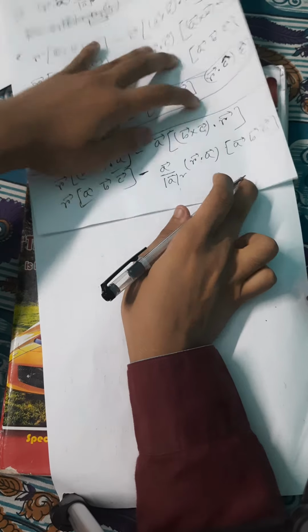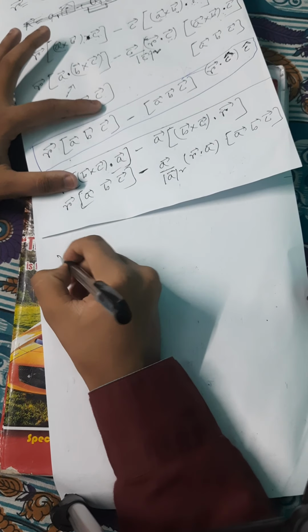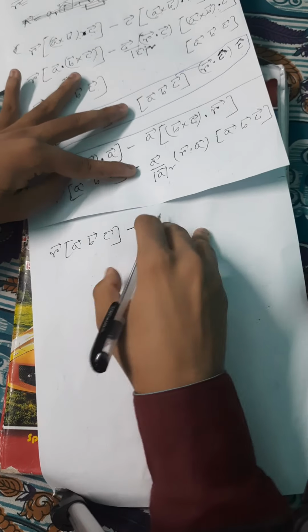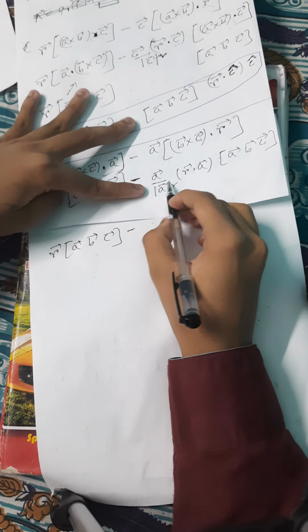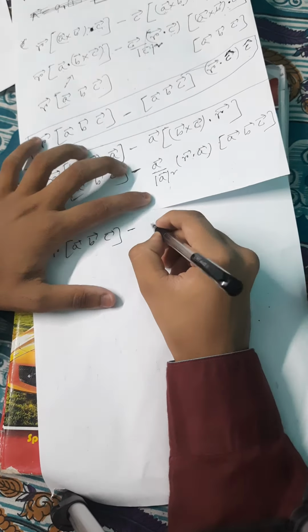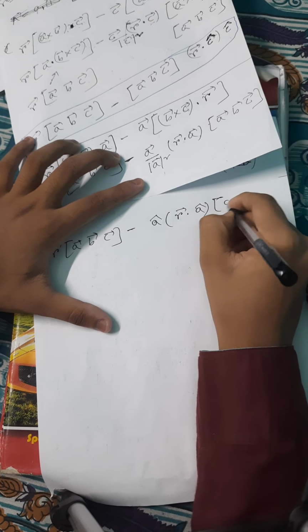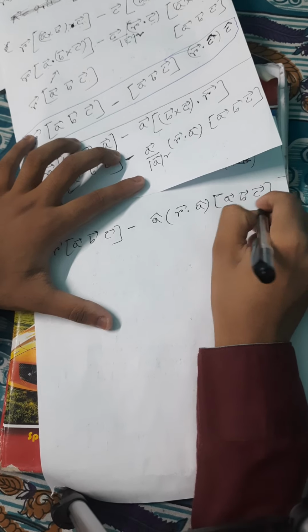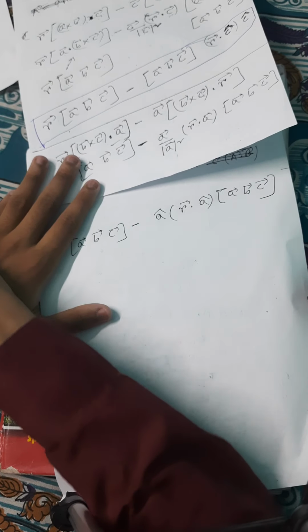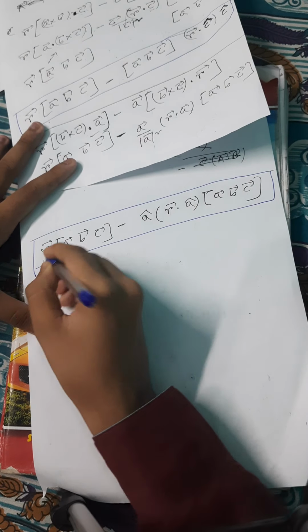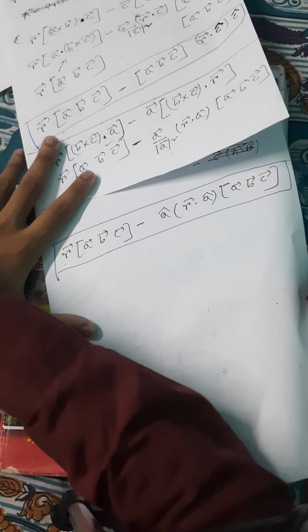It can be simplified as r abc minus, so two unit vectors will be produced, a cap, r dot a cap into abc. So this is the same thing.